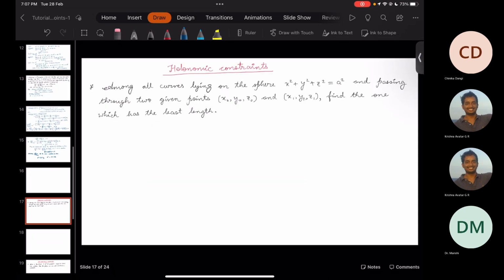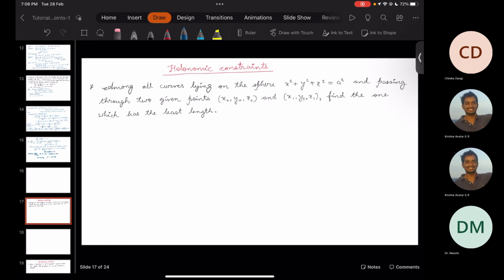Okay, now let's discuss problems on holonomic constraints. The problem says that among all curves lying on the surface x squared plus y squared plus z squared equal to a squared, and passing through two given points (x0, y0, z0) and (x1, y1, z1), find the one which has the least length, isn't it?